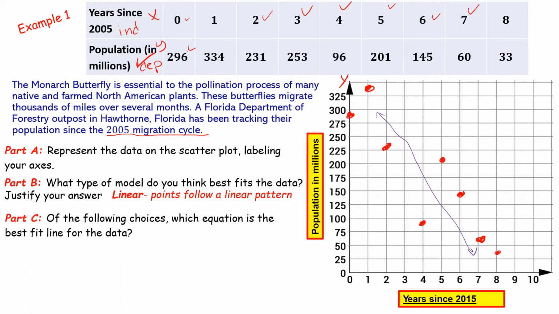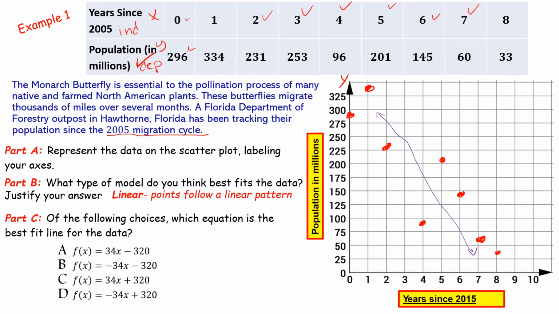And then next, part C, of the following choices, which equation is the best fit for the data? So we have our choices here. Since this graph falls from left to right, we can automatically eliminate A and C because that is a positive slope. So remember, slope-intercept is y equals mx plus b. So m is our slope, and so it would have to be a negative slope.